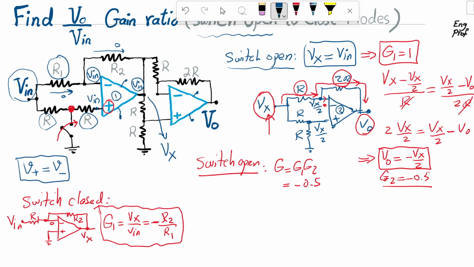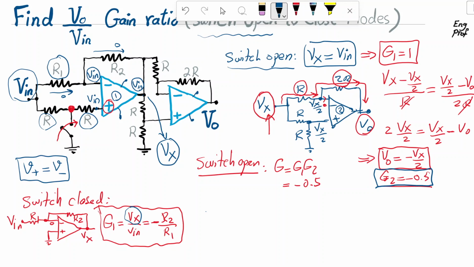So let me switch the color. Okay, so now we are again at Vx, which is basically the output of op amp 1, which means we get back to the same situation we had before, because the setup around op amp number 2 hasn't changed. So we still have the gain of op amp number 2 as negative 0.5.